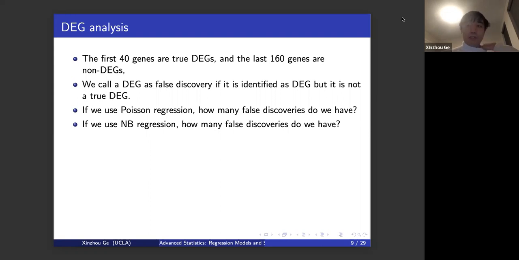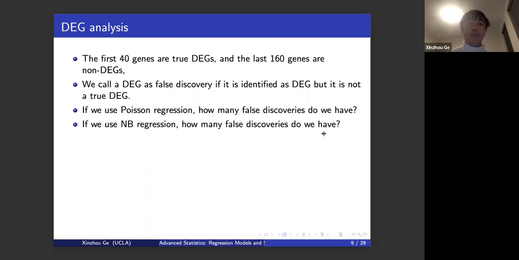If we use 0.05 as the threshold, for example, if we treat a p-value smaller than 0.05 as a DE gene and a p-value greater than 0.05 as a non-DE gene, we can compare the results for these two regression models.